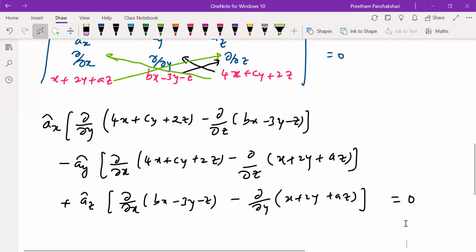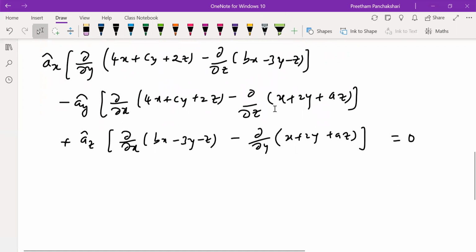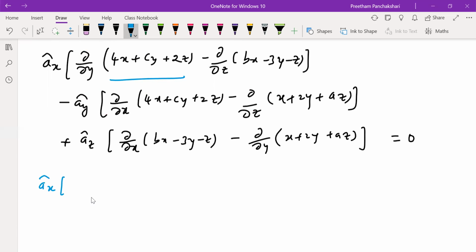Irrotational field. Simple differentiation. Differentiate with y: 0. Only c is left. Minus, differentiate with z: 0, 0.